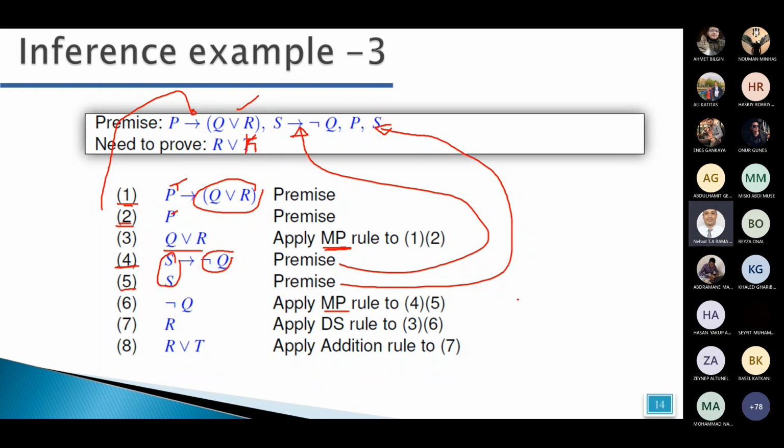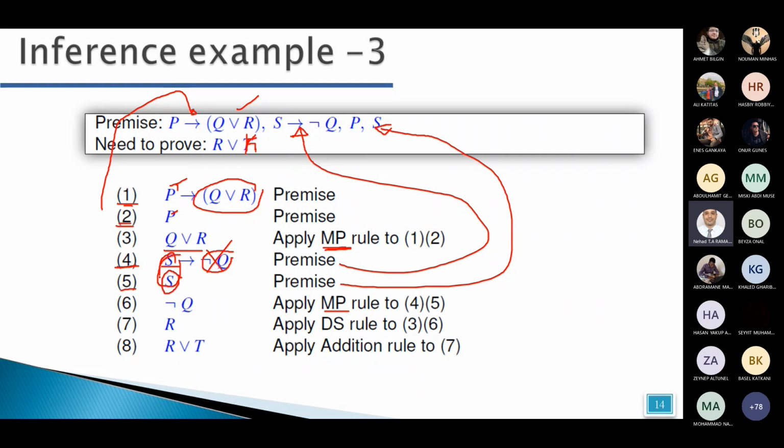But the rule doesn't care what you have in this place: not Q, R, Q or R, Q and Muhammad, Q and Ali, anything. The most important thing is that we have S implies anything, together with S.